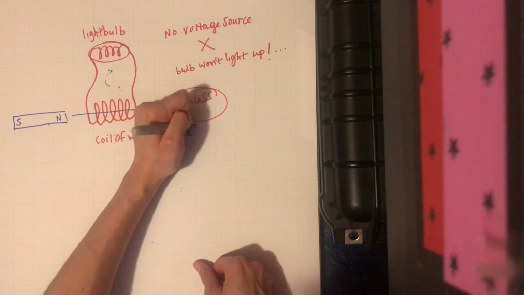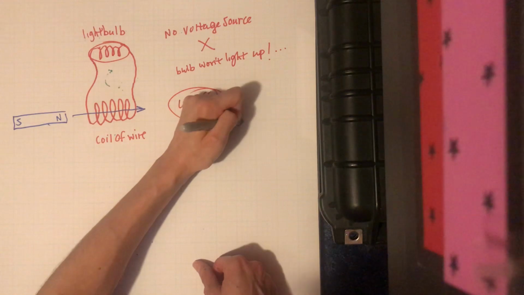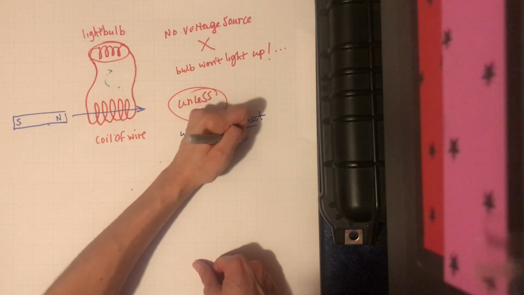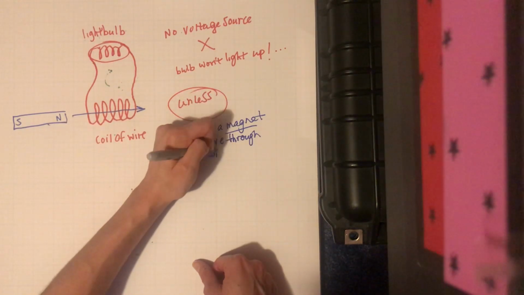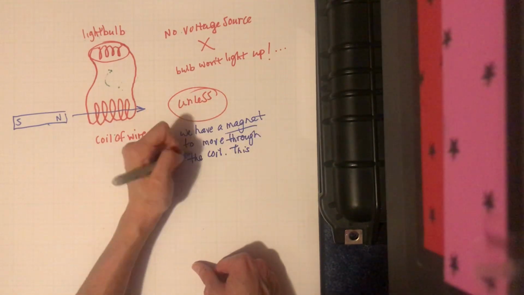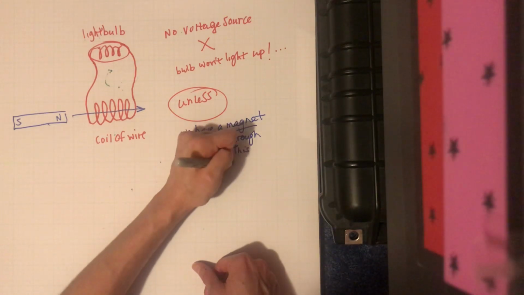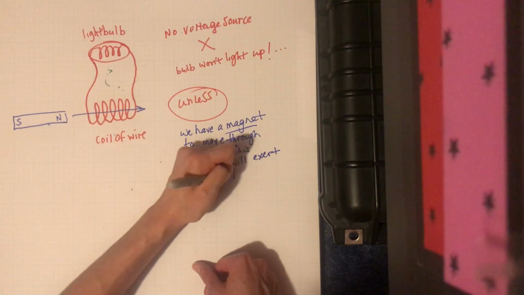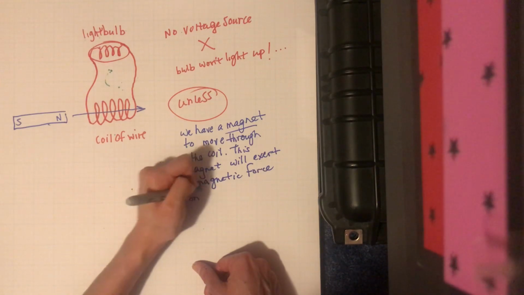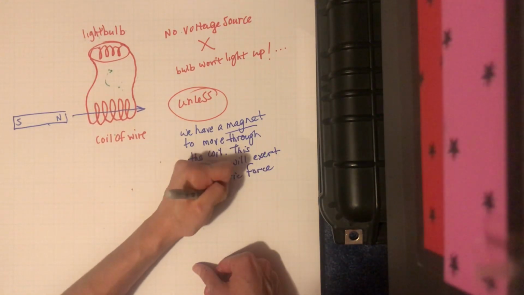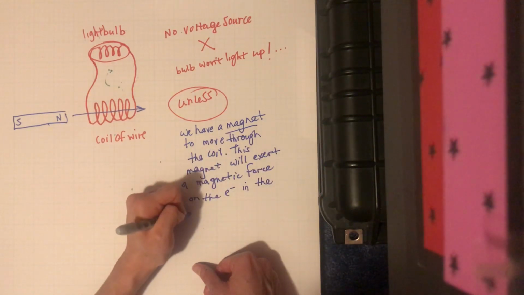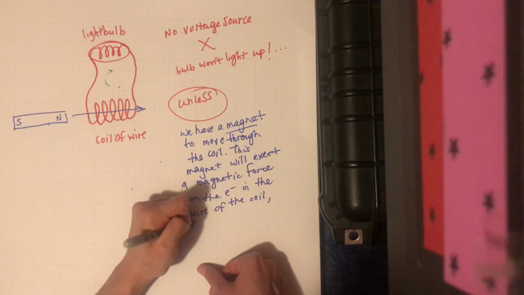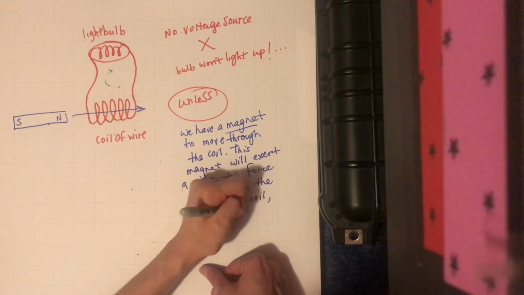So unless we have a magnet to move through the coil, this magnet will exert a magnetic force on the electrons in the wire of the coil, thereby creating an electric potential or a voltage.